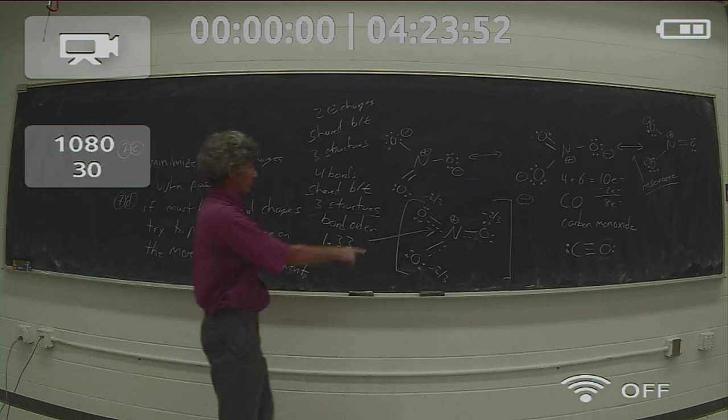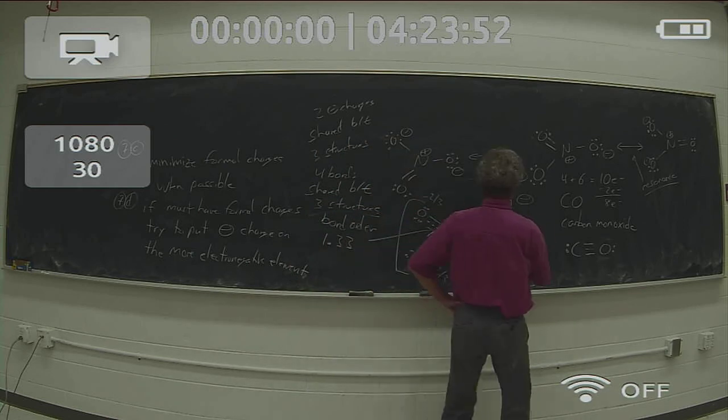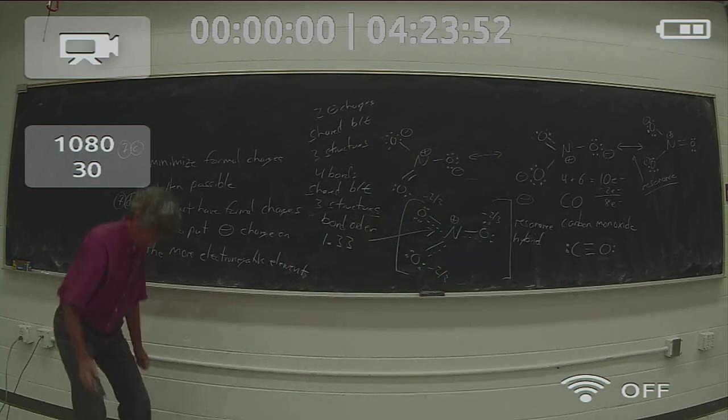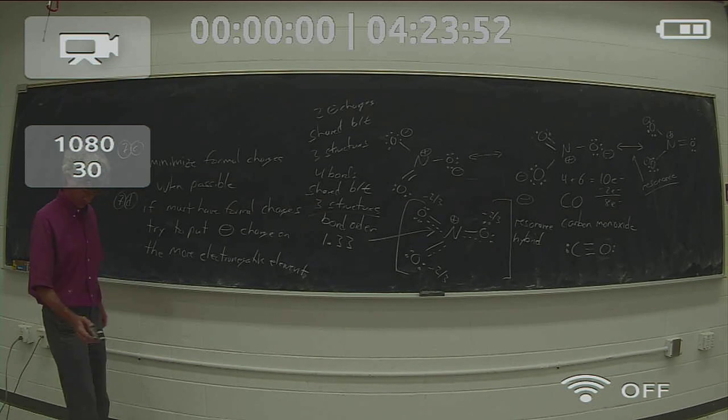So the resonance hybrid is sometimes used, and in that case you don't really have a choice, you have to show all the resonance structures.